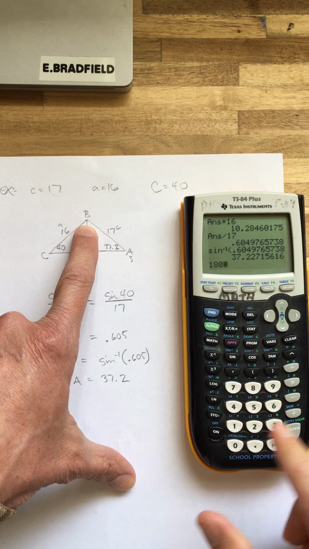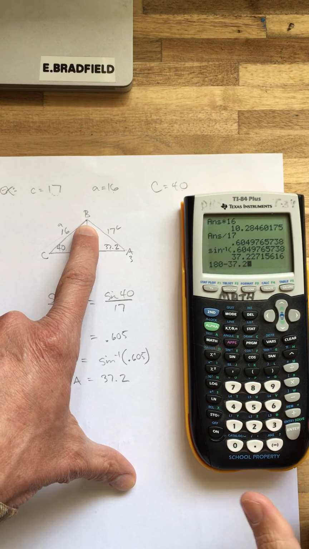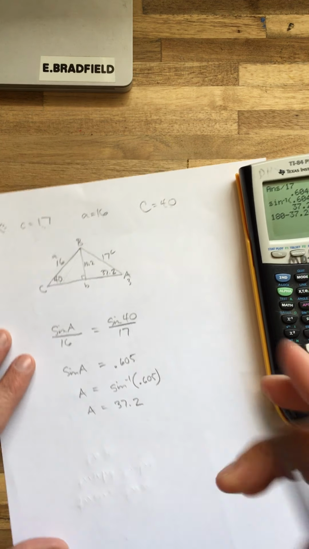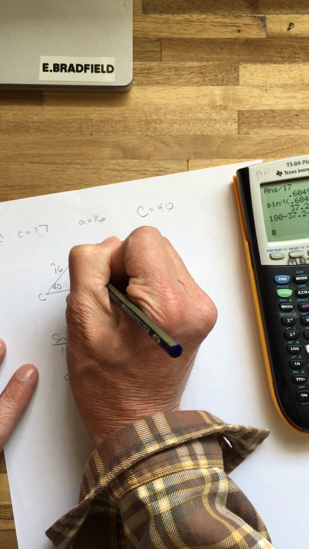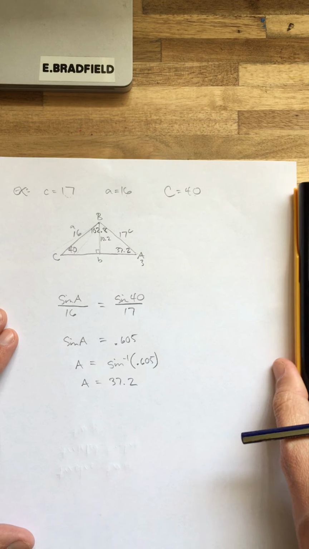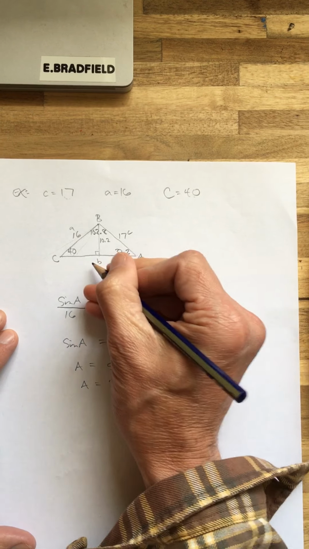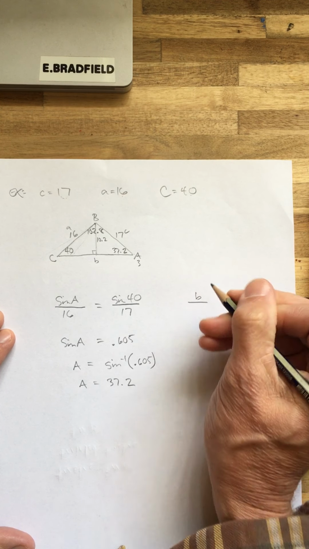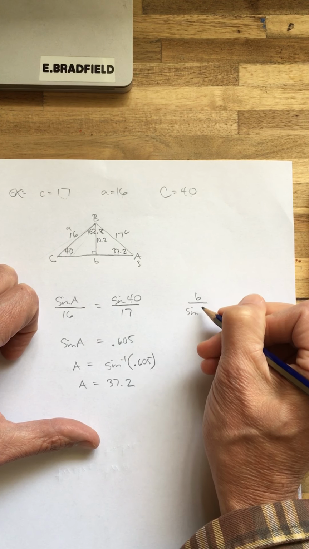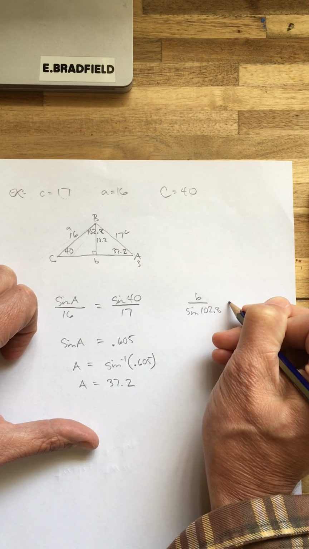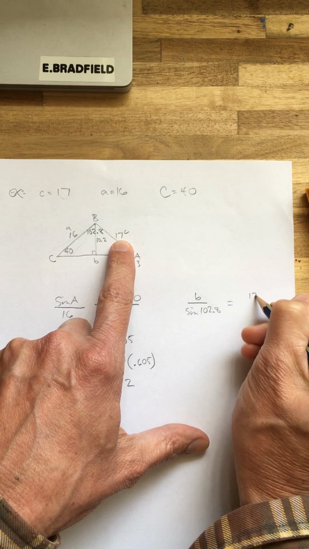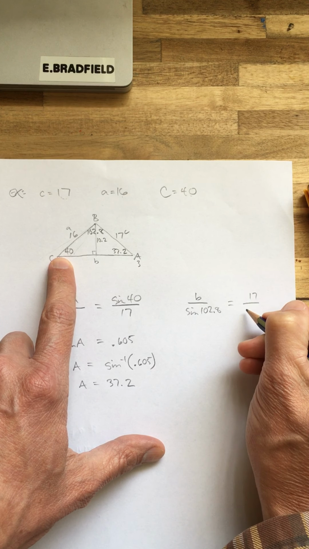So 180 minus 37.2 minus 40 equals 102.8. So this angle up here is 102.8. All right, and now all we have to do is solve for side B. Side B over the sine of 102.8 is going to equal side C, 17, over sine of 40.